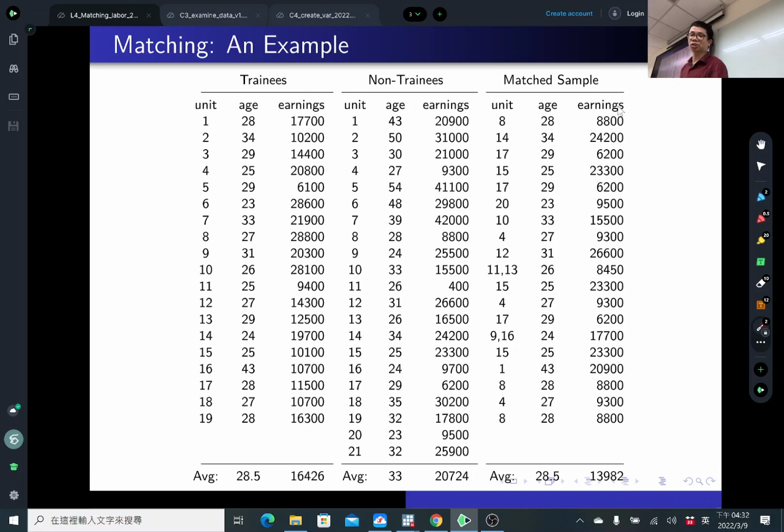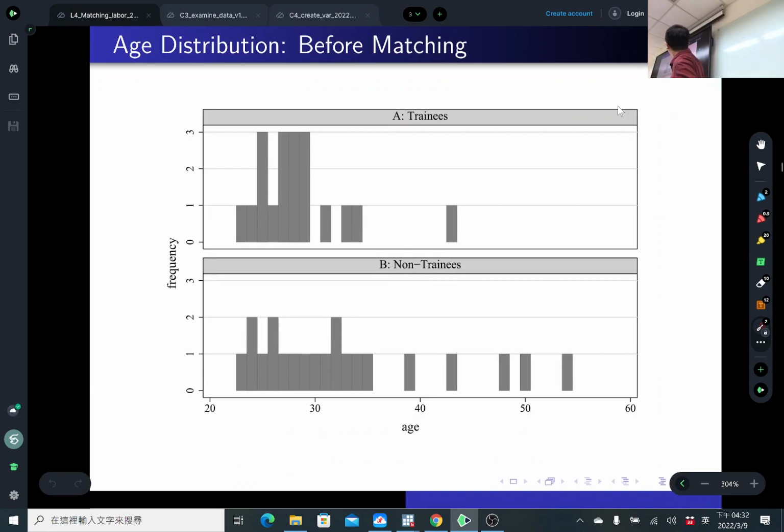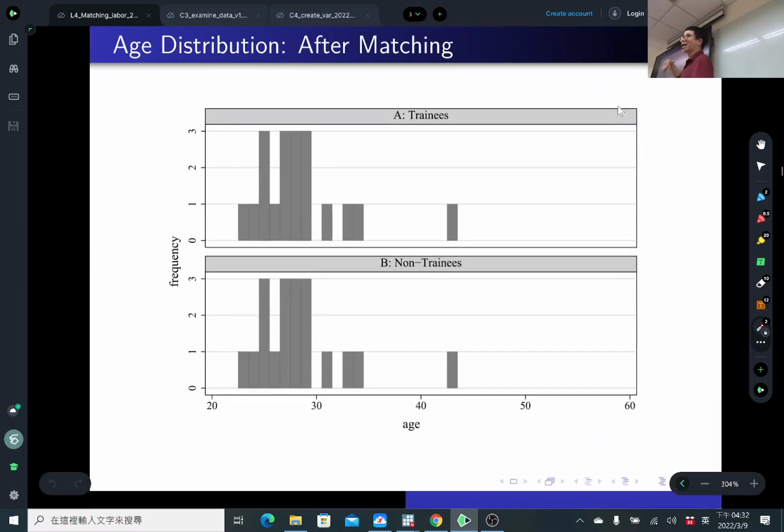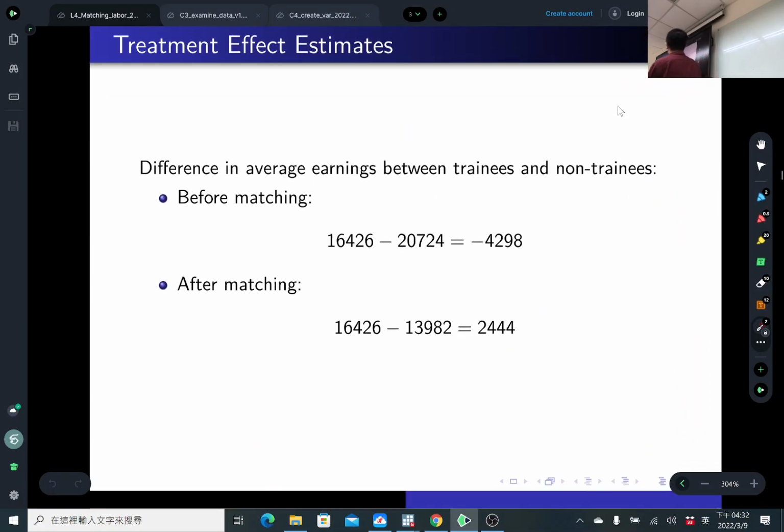Okay, so this is before matching, their age distribution. And after you do matching, like I just said, you match each individual's age in the treatment group. You get exactly the same distribution in terms of age between the treatment group and the control group. And your results are different.